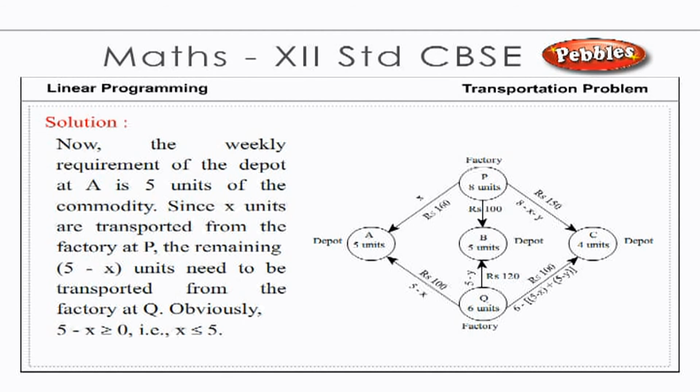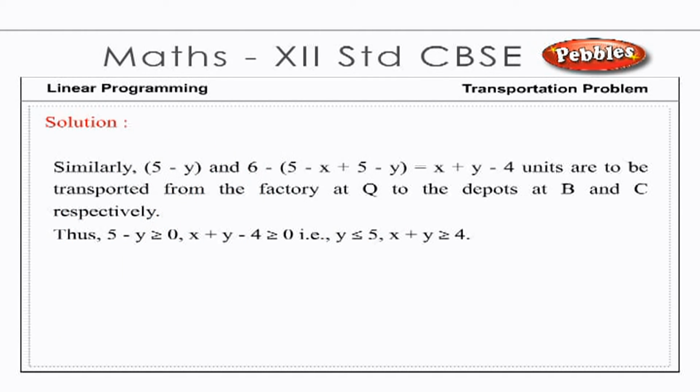Now, the weekly requirement of the depot at A is 5 units of the commodity. Since X units are transported from the factory at P, the remaining 5 − X units need to be transported from the factory at Q. Obviously, 5 − X ≥ 0, that is, X ≤ 5.